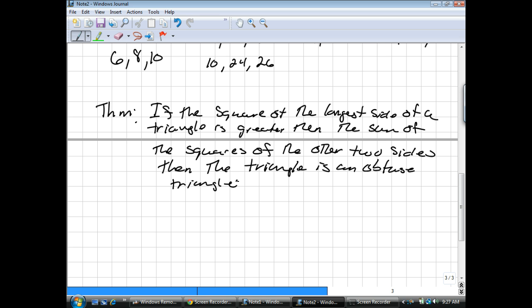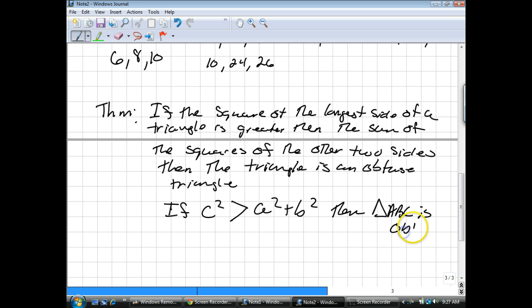Okay, so in other words, if c squared is greater than a squared plus b squared, then triangle ABC is obtuse.